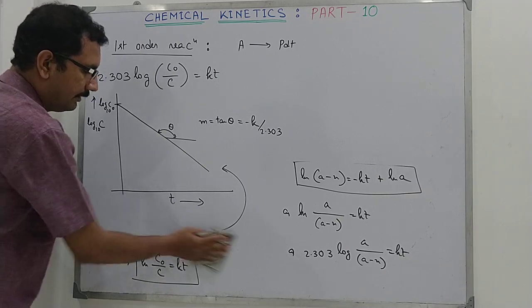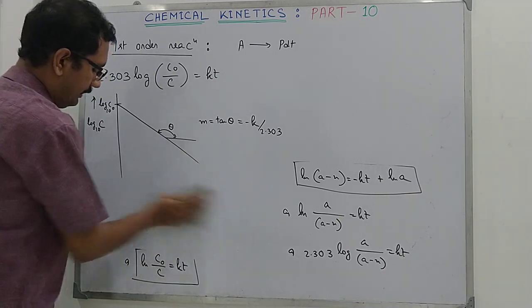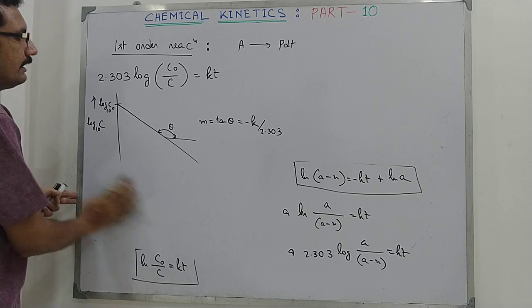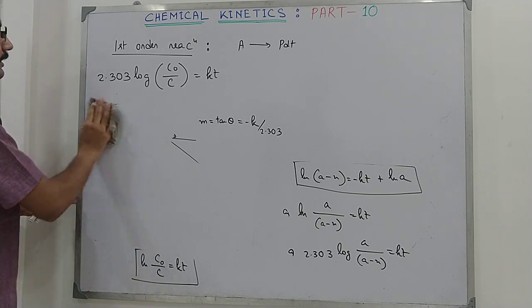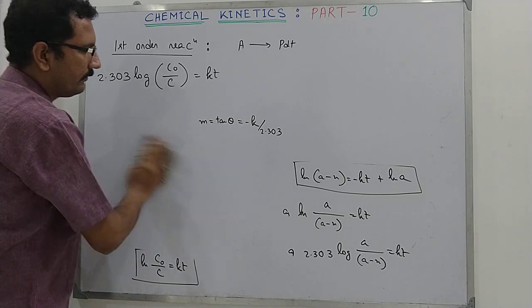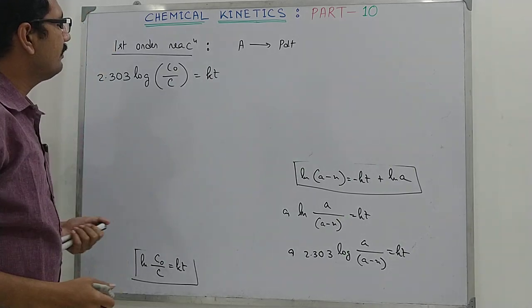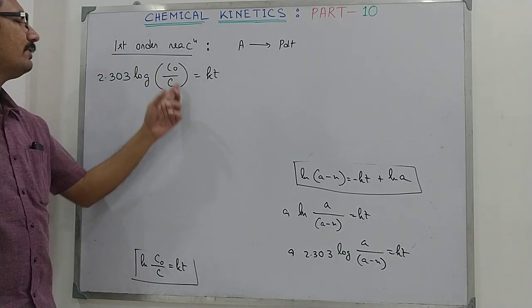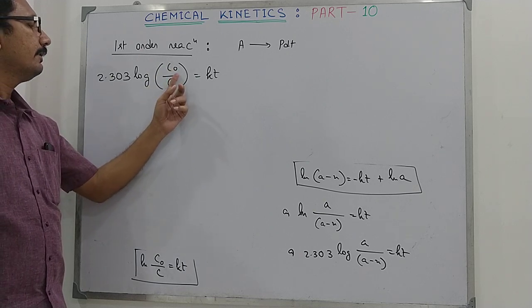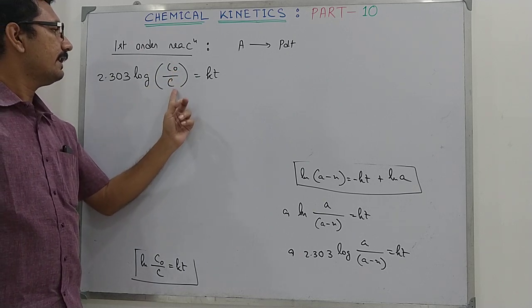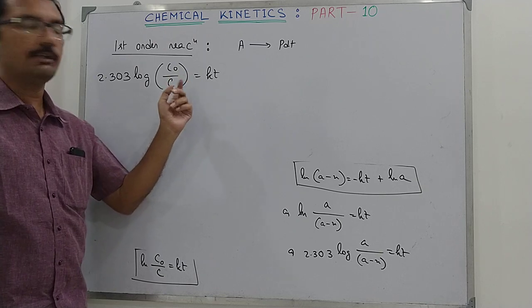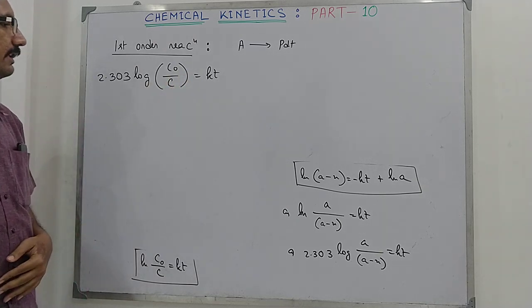Now I have noticed in my teaching career that higher secondary students often forget during exam which one will be in the numerator between C and C0, which one will be in the numerator and which one will be in the denominator.